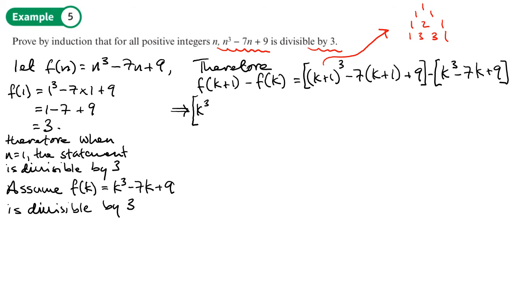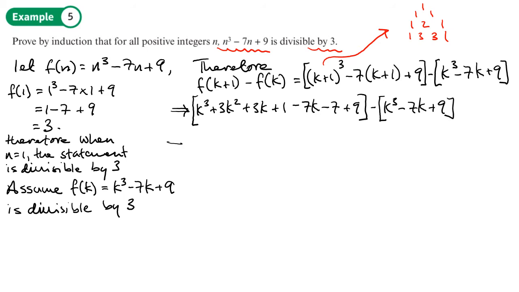So k cubed, then plus 3 lots of k squared, plus 3 lots of k, plus 1. Yeah, that's the quick way of doing it. Then we'll multiply the other bit. So minus 7k minus 7 plus 9. Then in the second bracket, there's nothing to multiply out, but we'll just write it down: k cubed minus 7k plus 9.